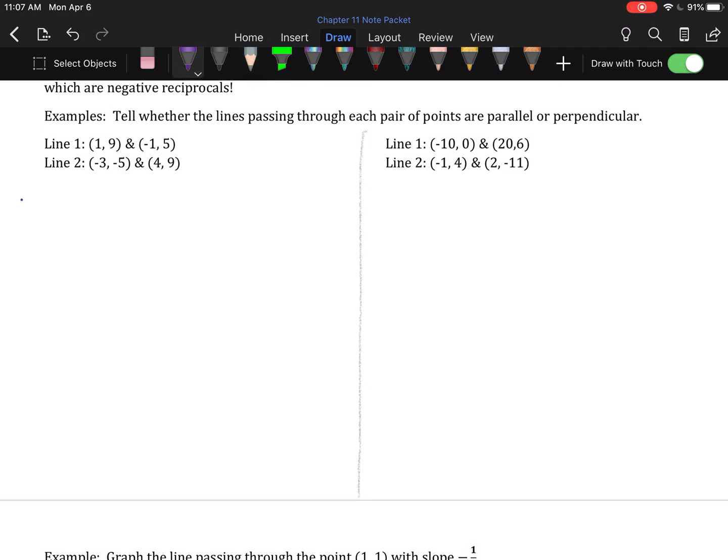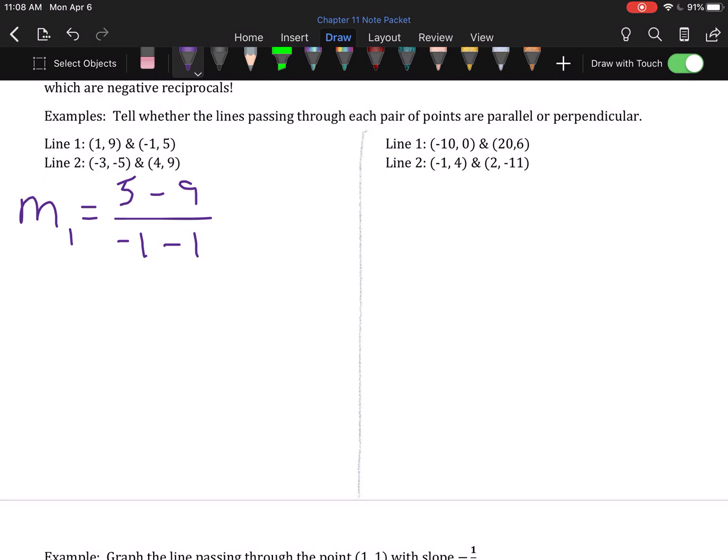Slope of line 1. A little subscript 1 on this m to say this is the slope of the first line. Y2, that's 5, minus Y1, that's 9, over X2, that's -1, minus X1, which is 1.